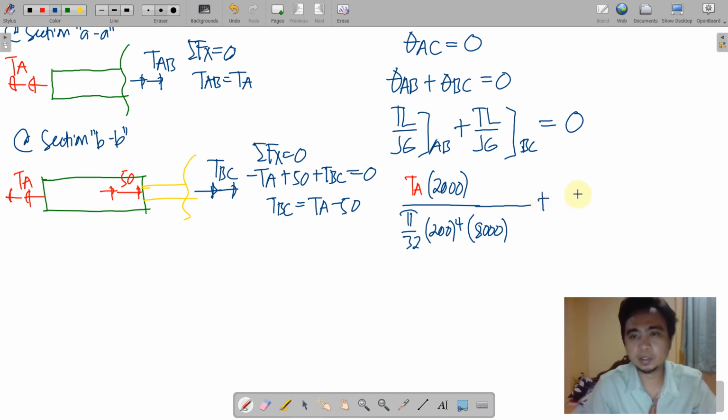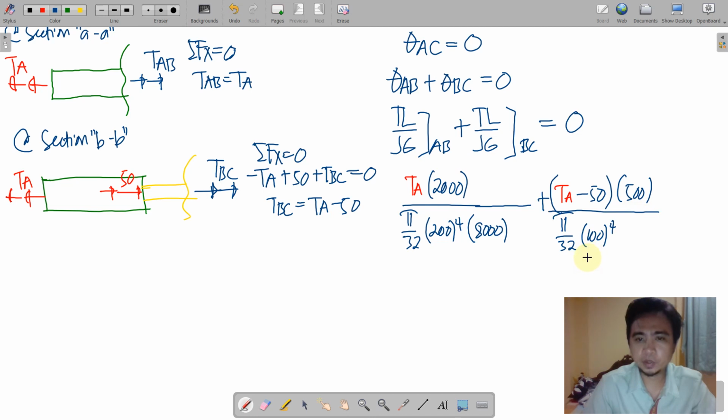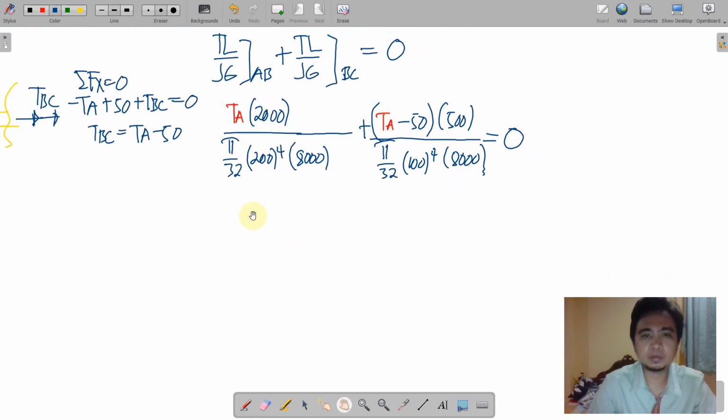So we add the other torque at BC. TBC is actually TA minus 50 times a half meter length all over a polar moment of inertia for 100 mm diameter times the same modulus of rigidity, that is equal to 8000, and those are equal to 0. So solving now for TA, we will have an equivalent of 40 kilonewton meter.